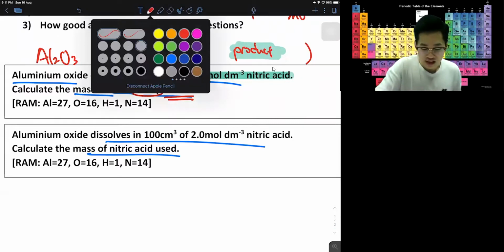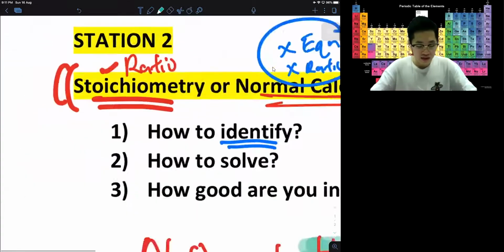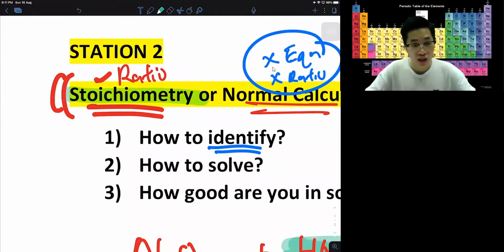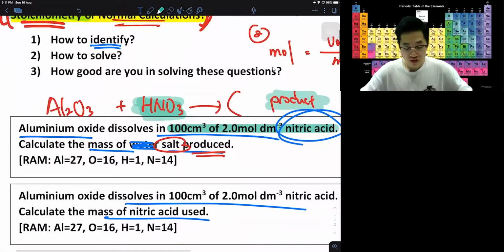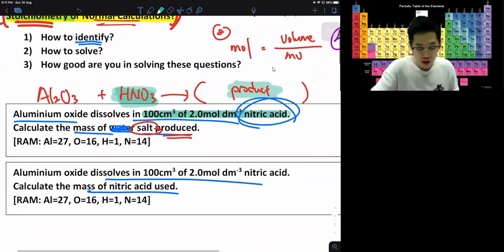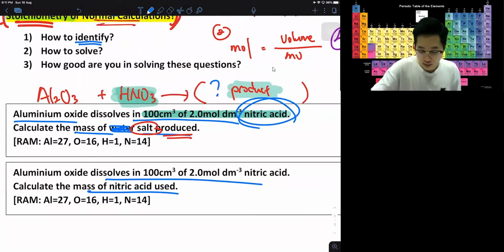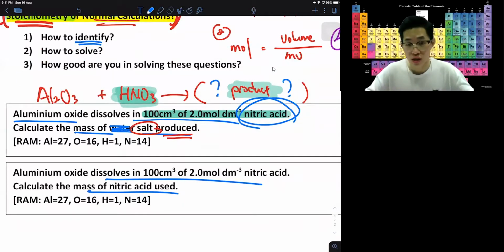If you are highlighting 2 different things, that means this is the stoichiometric calculation, the one that you have to use ratio and equation. Because if you don't finish the equation, you are not going to know what the product is and which one is salt. So this will be a very normal 3 marks question.